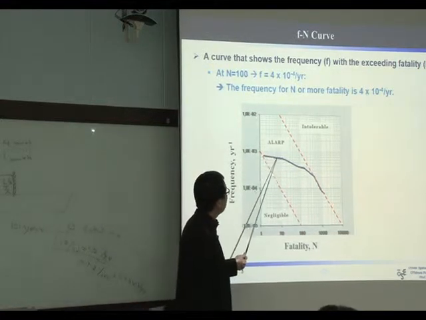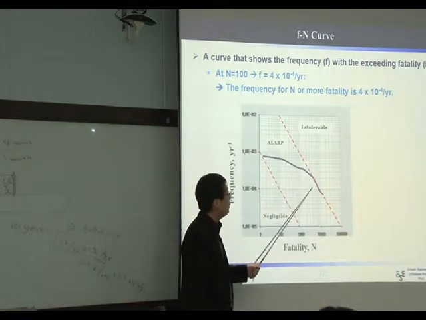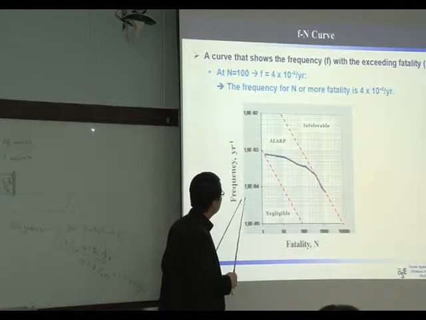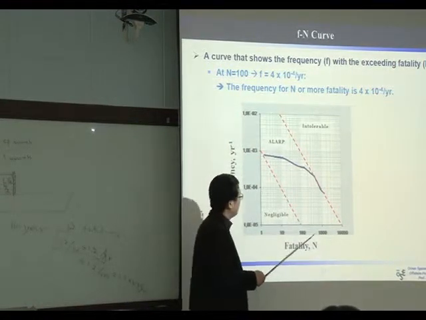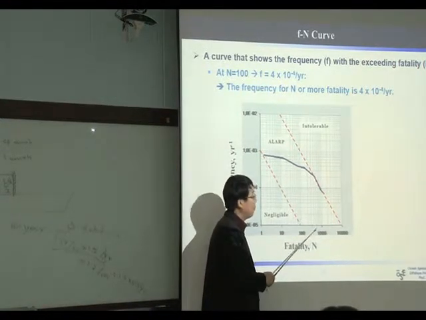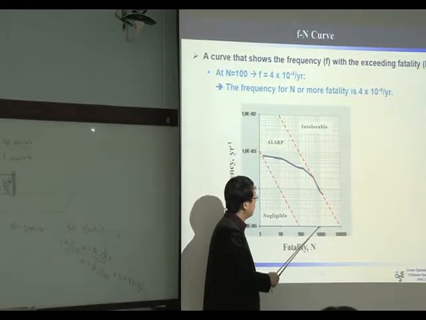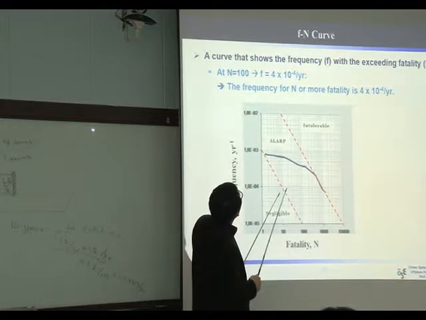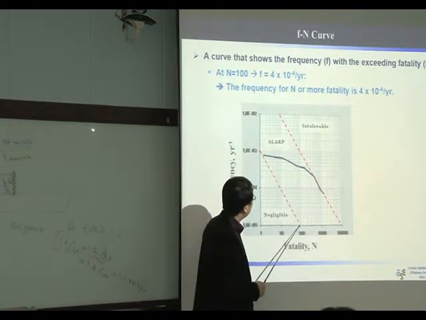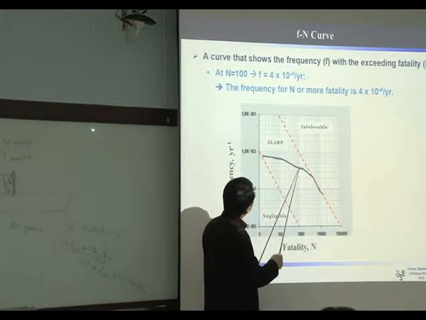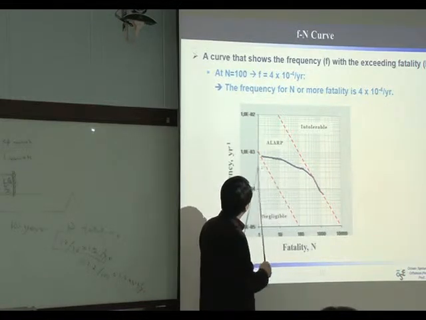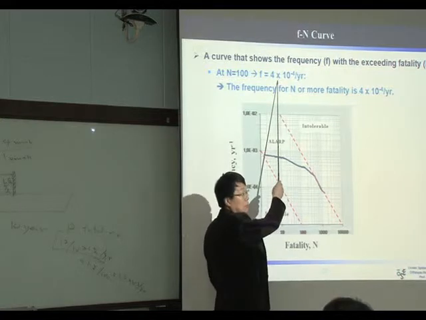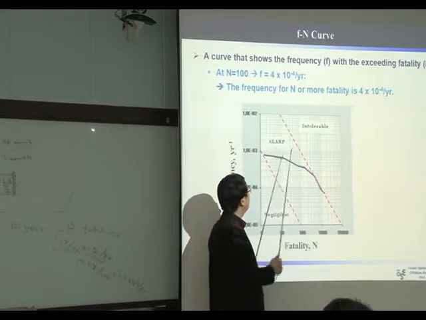This is the FN curve, and we can read it like this: 1,000 people, here's 100. 100 here, and the frequency is 1, 2, 3, 4: 4 times 10 to the minus 4 per year.